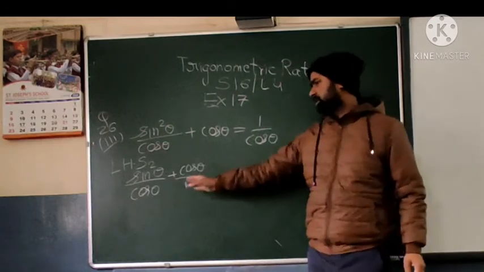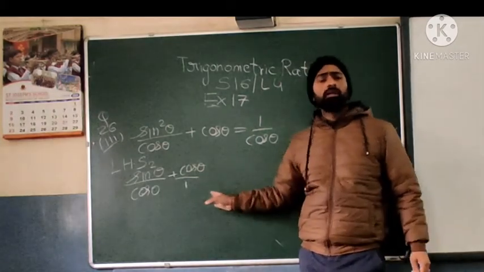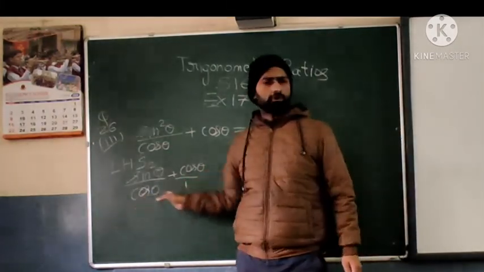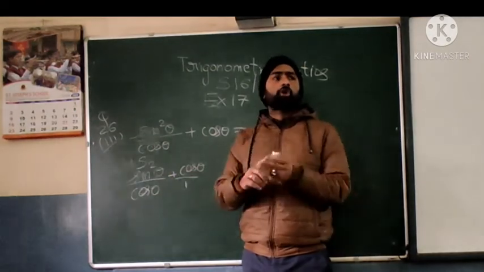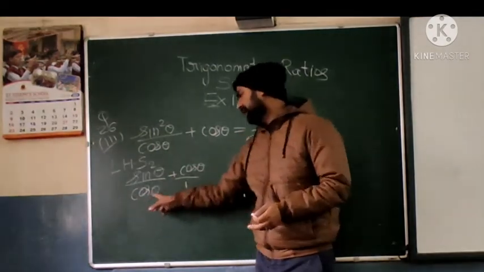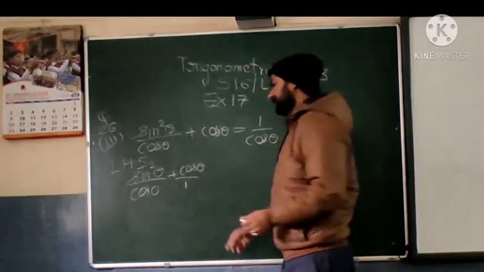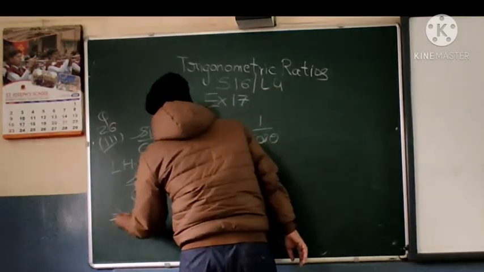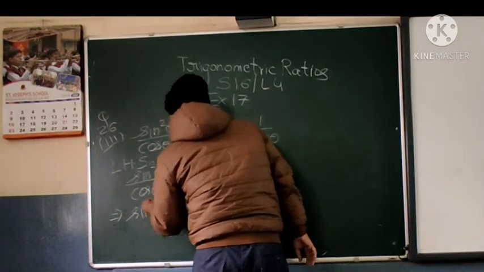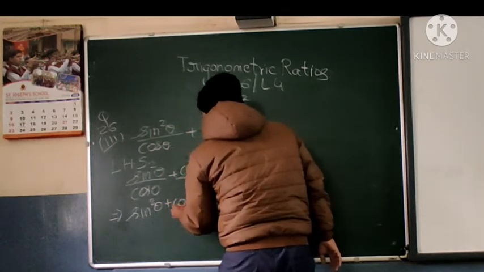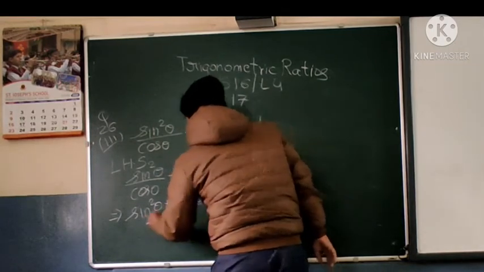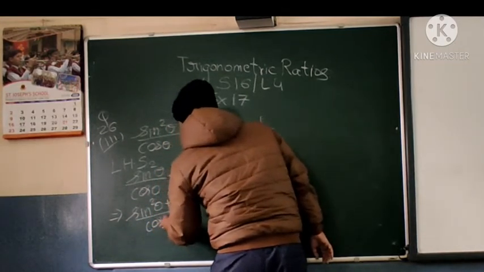We can write it like this: cos theta upon 1. Now you know the LCM of 1 and cos theta is cos theta, or you can also use the crisscross method. Cos theta times cos theta will be cos square theta. So we write like this: sin square theta plus cos square theta upon cos theta.